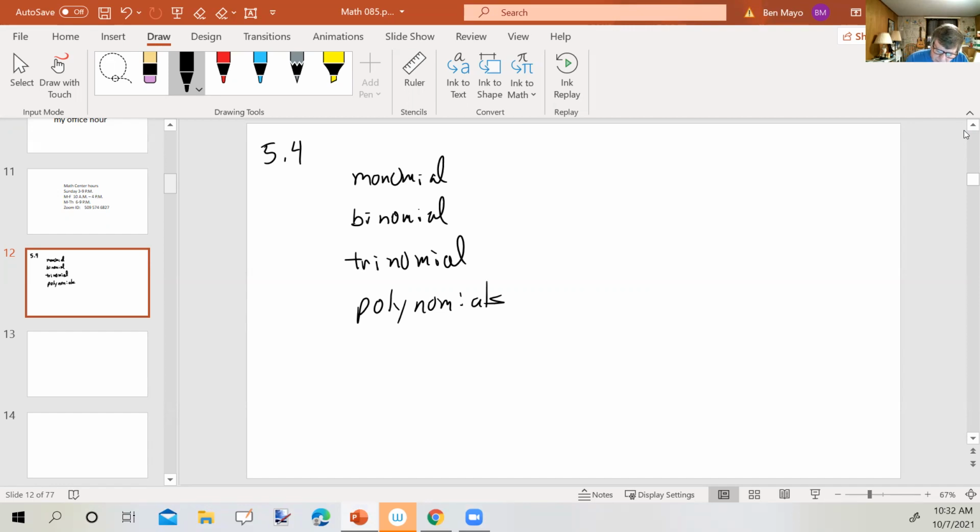A monomial has one term, a binomial 2 terms, a trinomial 3 terms. Polynomials include anything from 1 term on up to whatever. Technically it bothers me that a monomial is called a polynomial, but math books tend to do that, so I will go with that as well. Any questions about that?